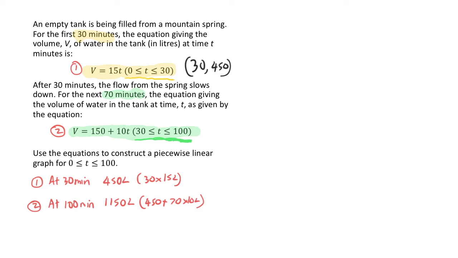So 450 plus 700 is 1,150. That is going to be our endpoint, which is (100, 1,150). Now that we have our two points, we can graph them onto a Cartesian plane.